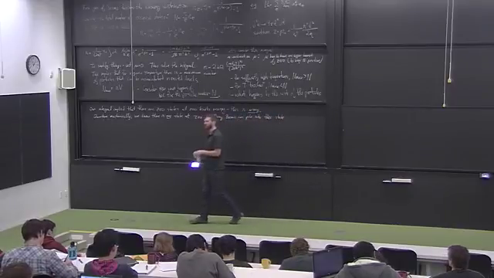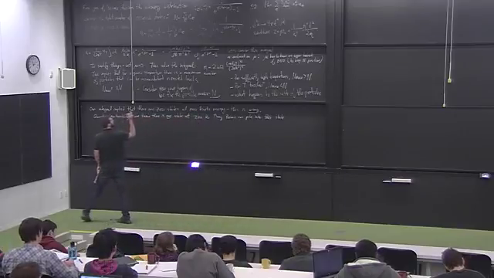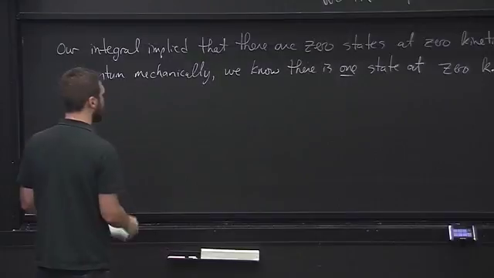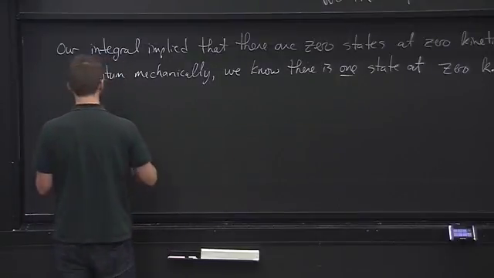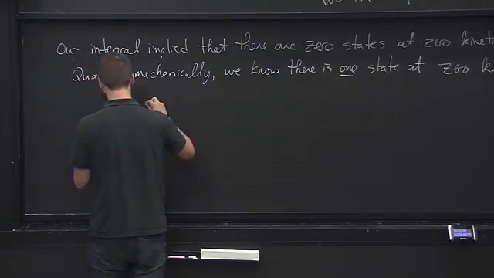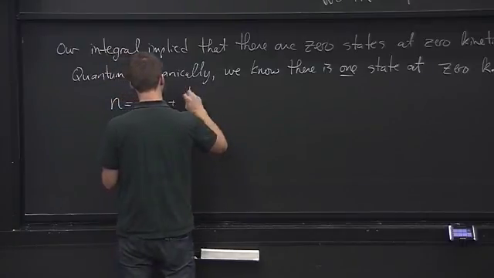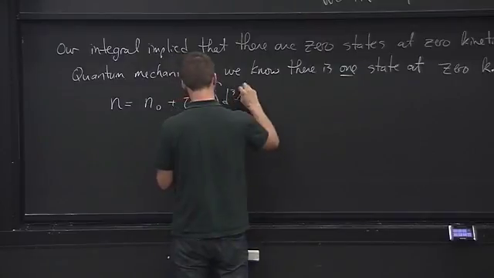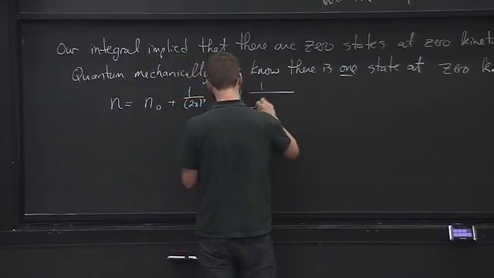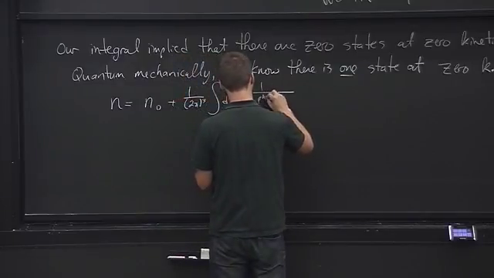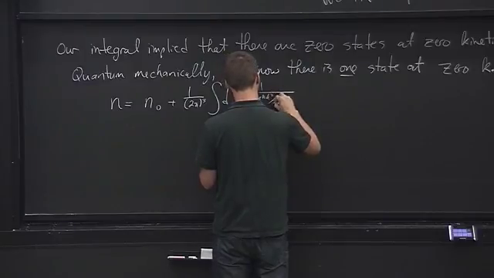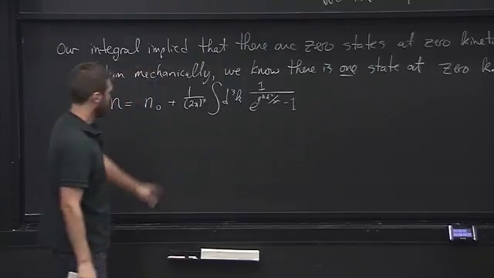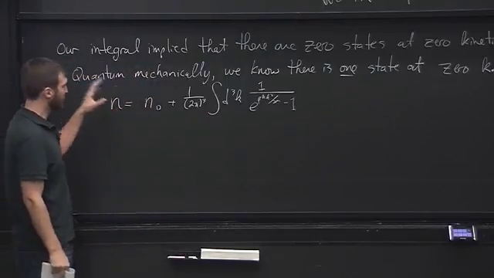So what we should have written for our integral is that integral's fine, but we should account for this 0 energy state. Okay, so whatever that integral is, however I write it over k.